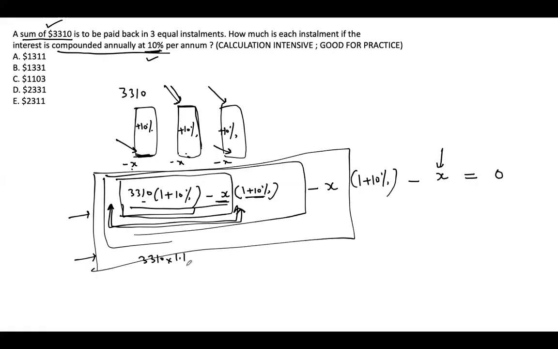So 3310 into 1.1 square minus 1.1x, and now this box minus X. What I'm doing is taking this X to the left hand side and dividing, so it would become something like this.